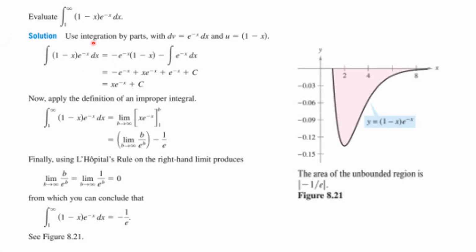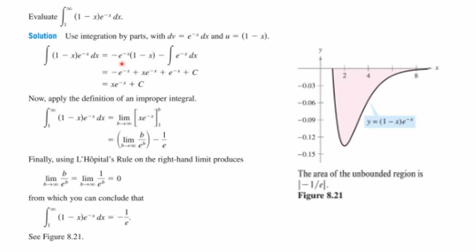Okay, so here's what you're going to do. Now you see this is 1 times e to the minus x. That's an easy integral to do. But the next one is minus x e to the minus x. That's one you have to use integration by parts. You see how this course builds on things that we've learned. So we're using integration by parts with dv equal e to the minus x dx and u equal 1 minus x to integrate this integral.